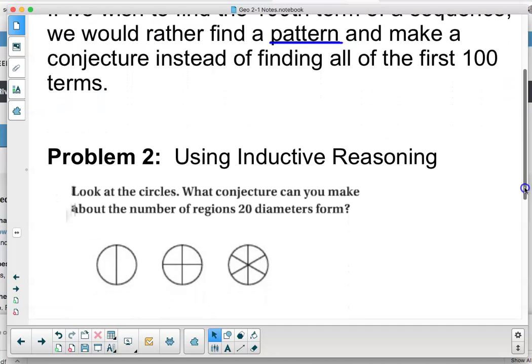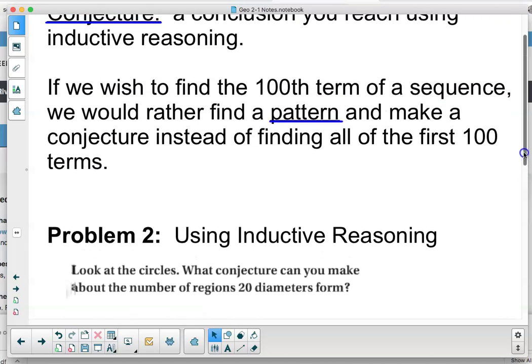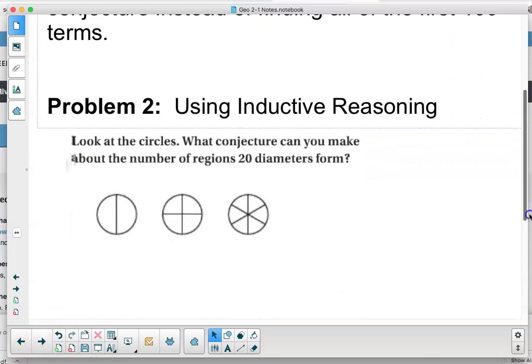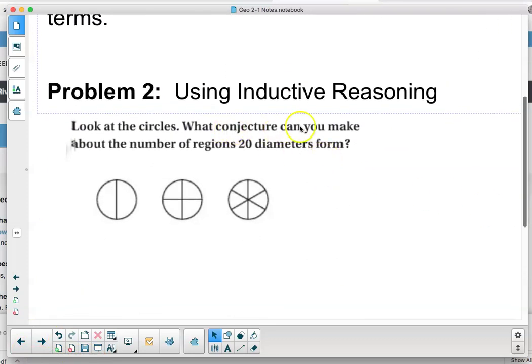So when we look at this, using inductive reasoning, look at the circles. What conjectures can you make about the number of regions 20 diameters form? Keep in mind, we would like you to make a conjecture from what you see here, here, and here.